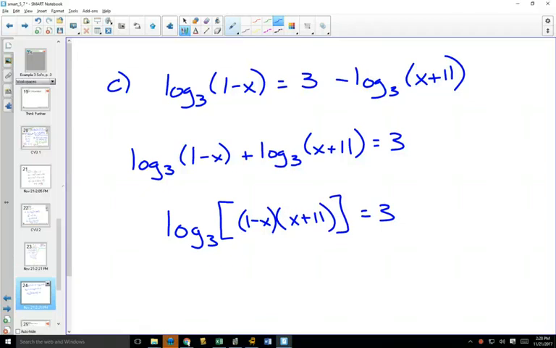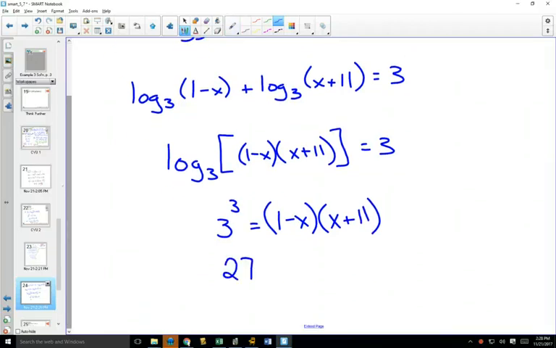I can then use my definition, right? This is the hard step that you forget. The base is 3. The exponent is 3. It's equal to 1 minus x times x plus 11. So if I expand this, I'd have x plus 11 minus x squared minus 11x. What kind of equation is this? It's quadratic.